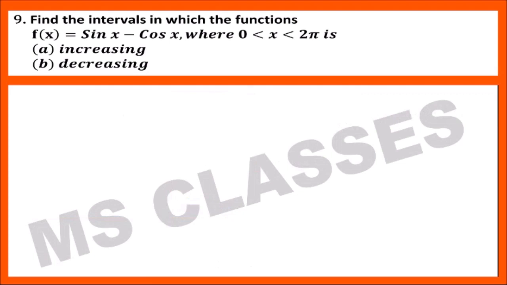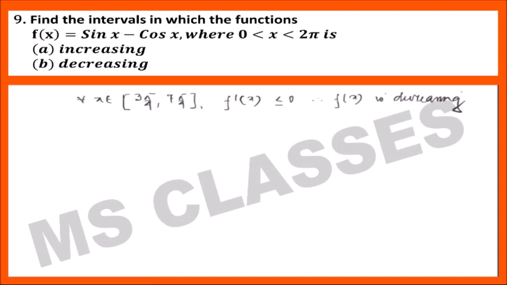For all x belongs to (3 pi by 4, 7 pi by 4), f dash x is less than or equal to 0. Therefore, f(x) is decreasing in this interval.